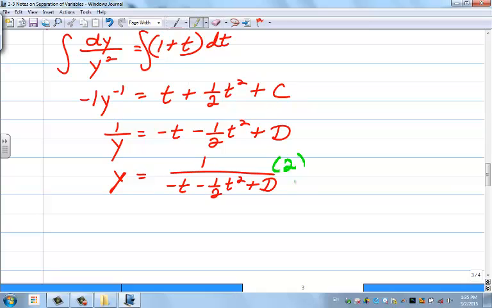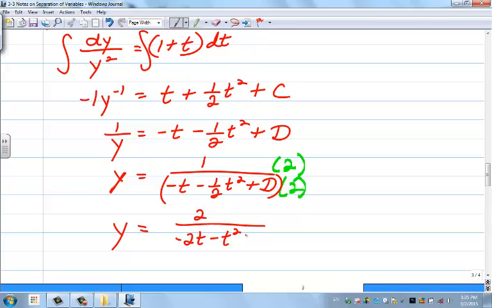So 2 on the top, 2 on the bottom, and I get y equals 2 over, distributing through the bottom, I get negative 2t, and I get rid of the 1/2 down there, so it's minus t squared, and then pick another constant, let's call it b. So now that's your solution.